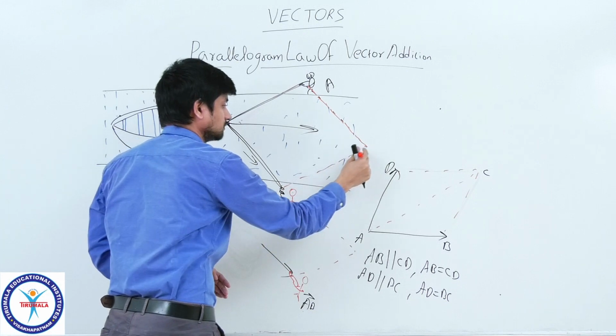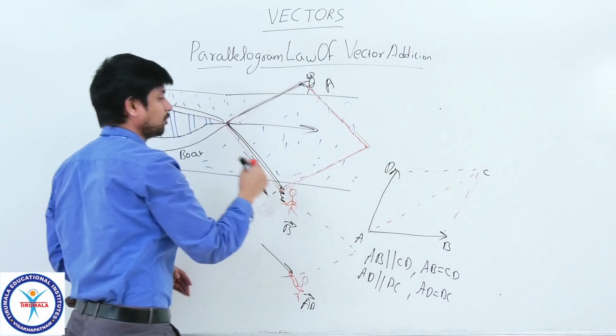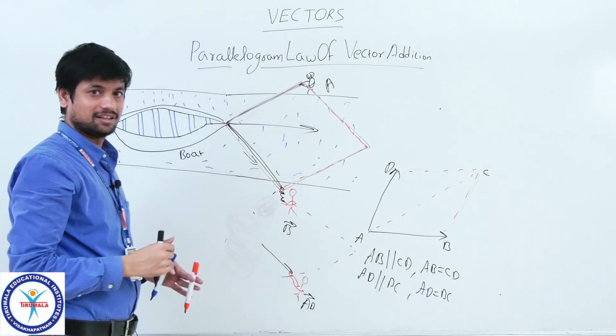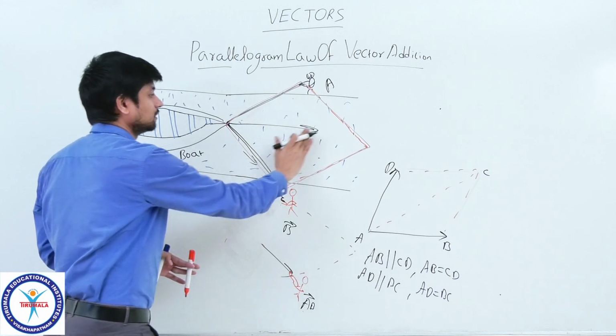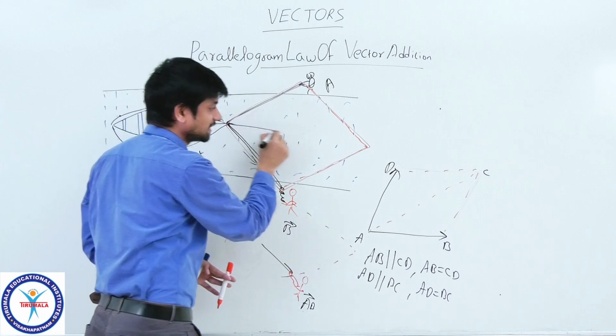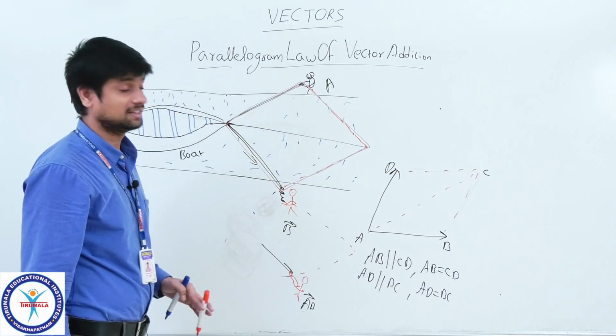Look at this, now it forms one parallelogram. Now, what is its resultant, children? Experimentally and mathematically they proved the resultant is the major diagonal.